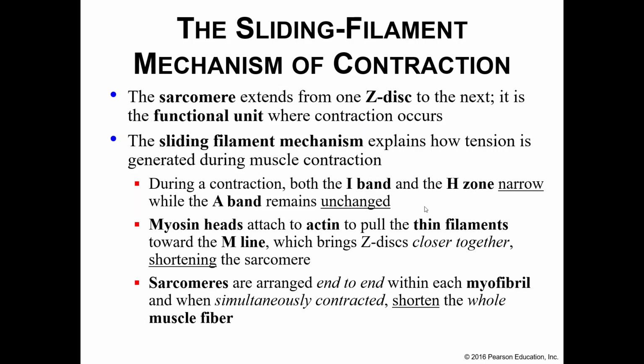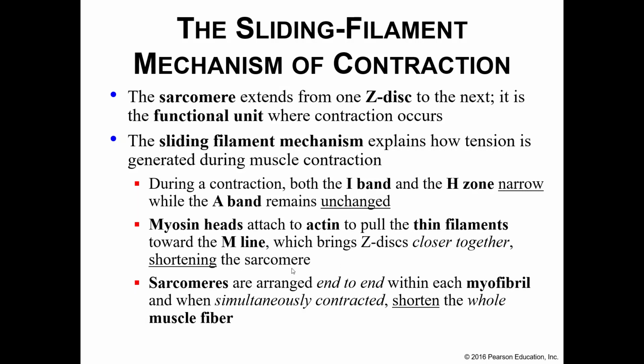So during contraction, the I band and the H zone are going to become more narrow. However, the A band will remain the same size. In order to make this happen, myosin heads are going to attach to the actin active sites. They're going to pull the thin filaments towards the M line, towards the middle, which brings the Z discs closer together.